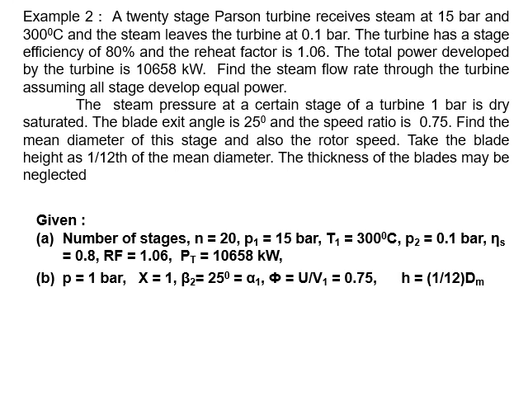And steam leaves the turbine, or the condenser pressure, is P2 equal to 0.1 bar, and stage efficiency of the turbine is eta S equal to 80%, that means 0.8. The reheat factor RF value is 1.06 and total power developed by the turbine is 10,658 kilowatt.